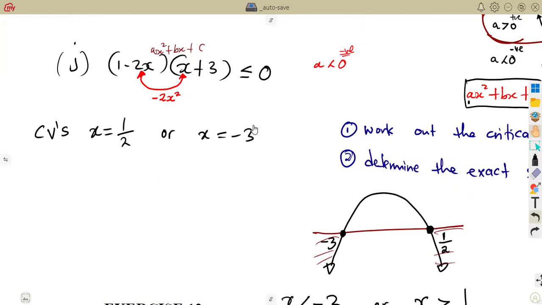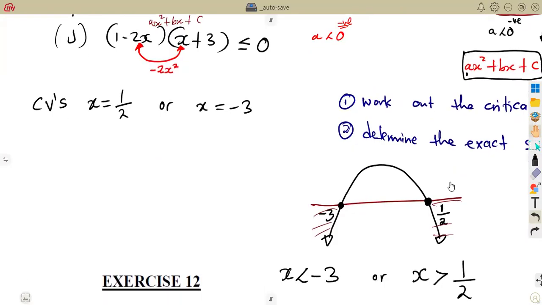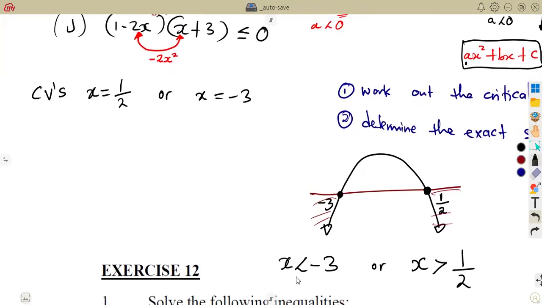On your question, there's an equal to, so your answers must also have that equal to. Do not forget that. Your given question affects your answer. If there is a greater than, your answer must also have that.